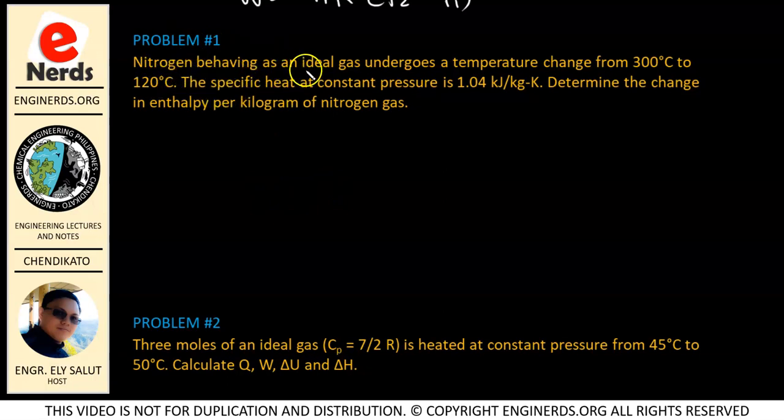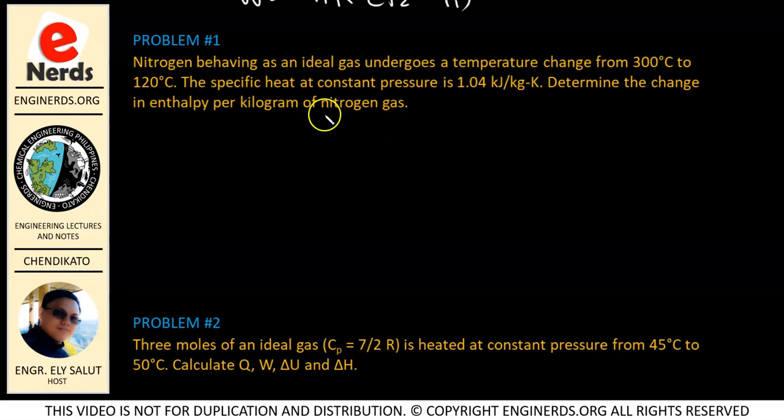Nitrogen behaving as an ideal gas undergoes a temperature change from 300 degrees Celsius to 120 degrees Celsius. The specific heat at constant pressure is 1.04 kilojoule per kilogram per Kelvin. Determine the change in enthalpy per kilogram of nitrogen gas.